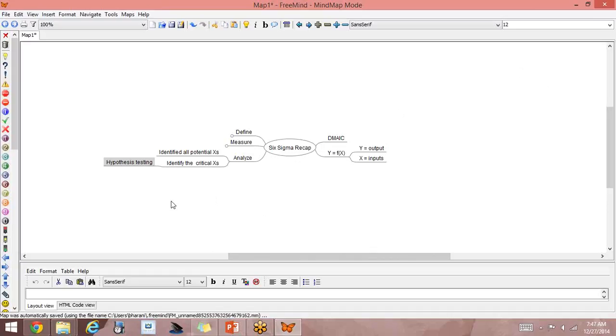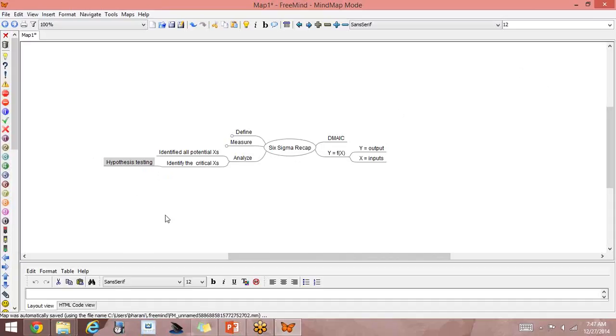Based on Y continuous, X discrete, or based on the other things, we have various hypothesis testing. And I'll not get into the details of hypothesis testing, because in master black belt we will focus majorly on hypothesis testing and regression.